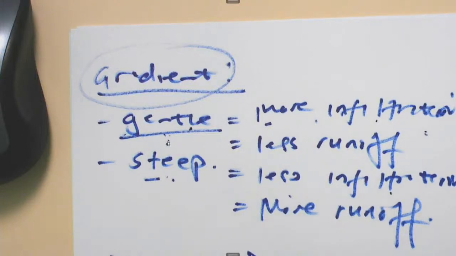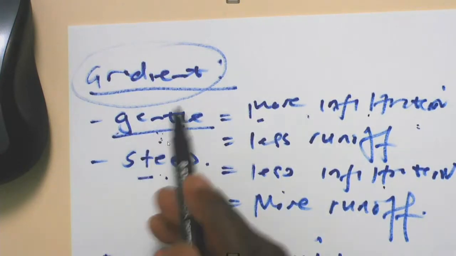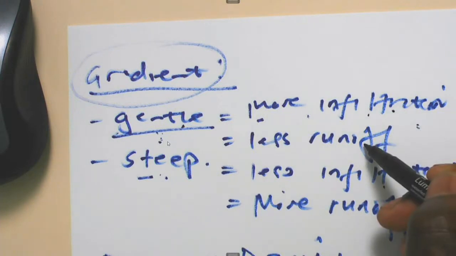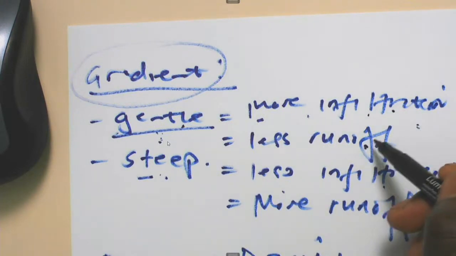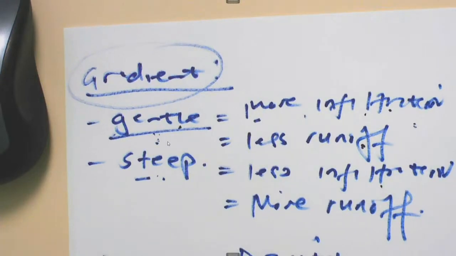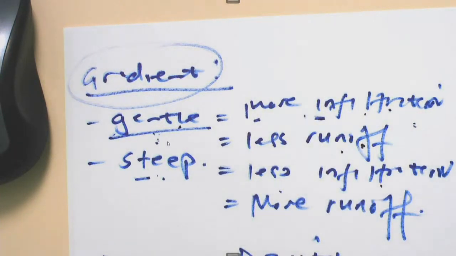Let's look at drainage density. If the gradient is gentle, there's more infiltration and less runoff. That simply means there will be fewer streams on the surface. Why? Because most of the water has infiltrated under the land surface.